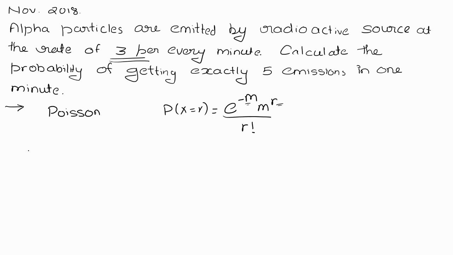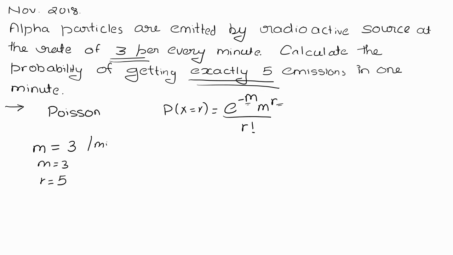We have seen that this m, that is the average, is 3 particles per minute. Therefore m is my 3. Calculate the probability of getting exactly 5 emissions in 1 minute. That means again, I know it is the success rate, that is 5 successes I want, that is r equals 5.